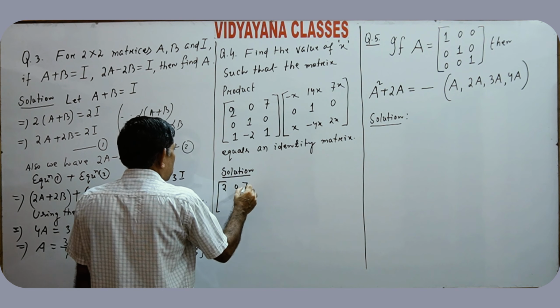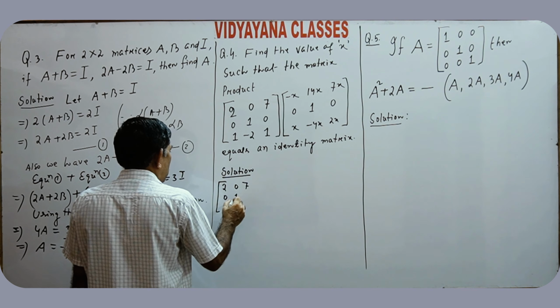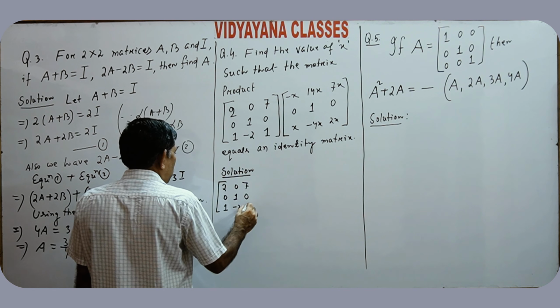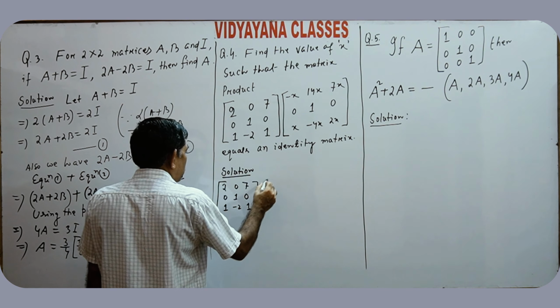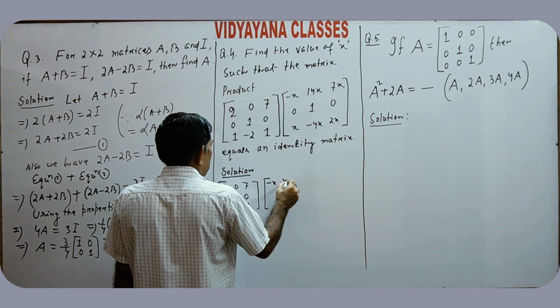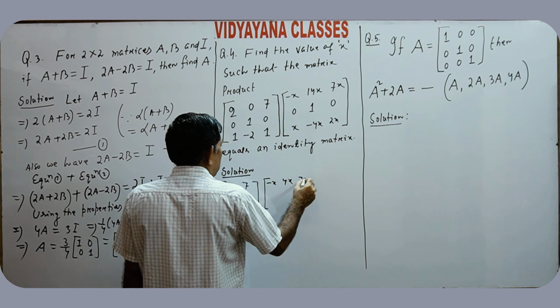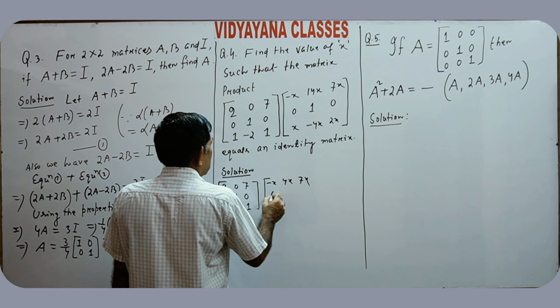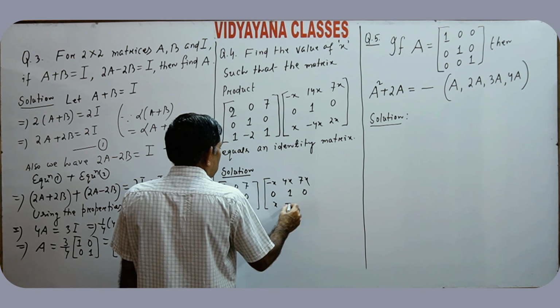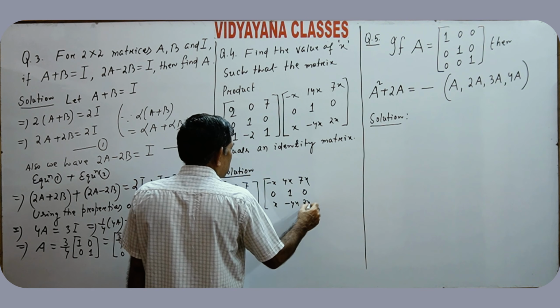The matrices are 2, 0, 7, 0, 1, 0, 1, minus 2, 1 into minus x, 4x, 7x, 0, 1, 0, x, minus 4x, 2x.